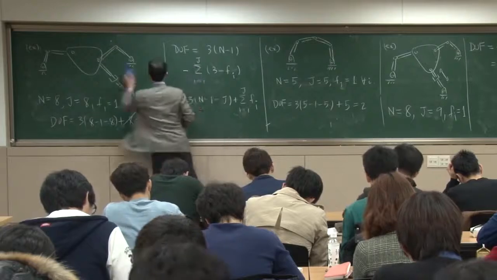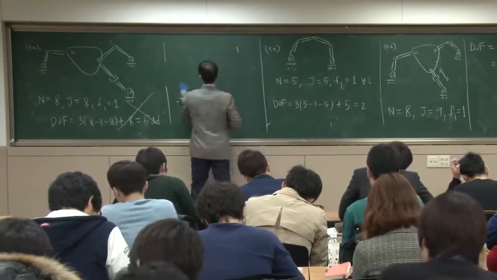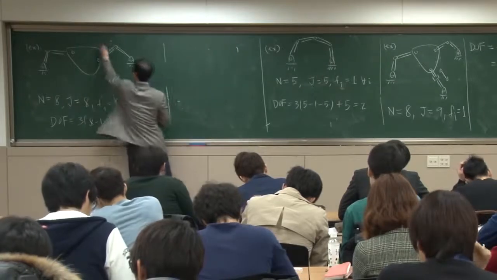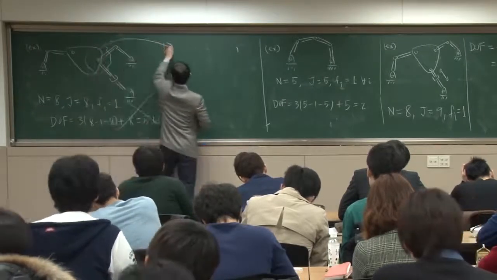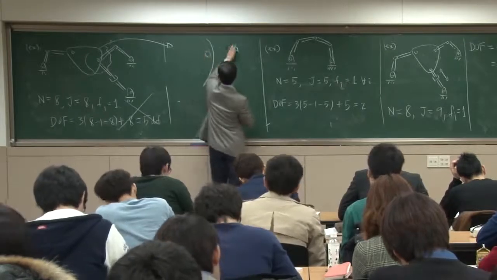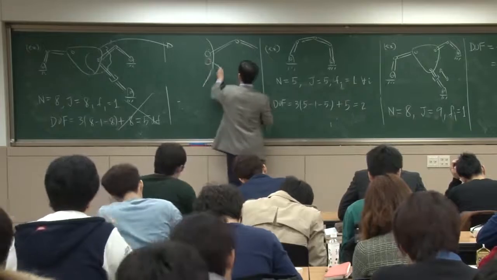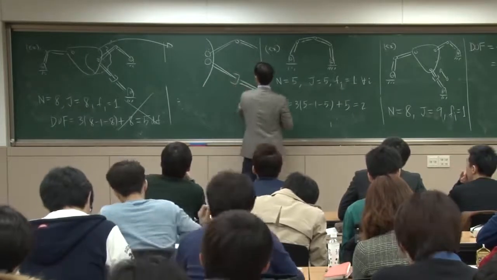So what's going on here, actually? If we blow up this part, we have a joint that way, and we also have another joint here, like that.